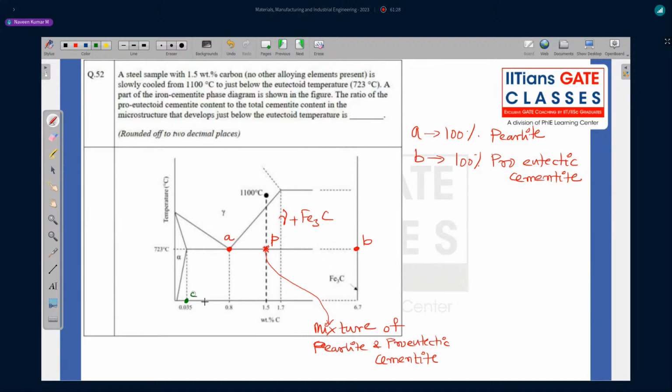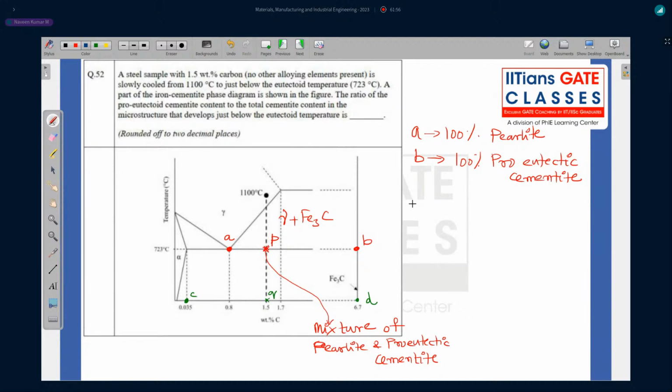Let us say this is C, and this is D, pro-eutectoid cementite. Again, this is your fulcrum, and that is your Q. The bottom line is for total, and the top line is for pro-eutectoid cementite. Now we have to apply the fulcrum rule, so let's apply that.